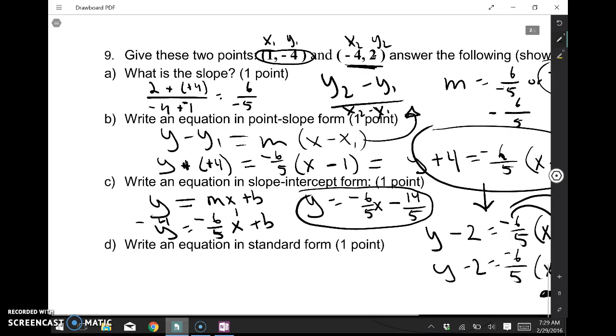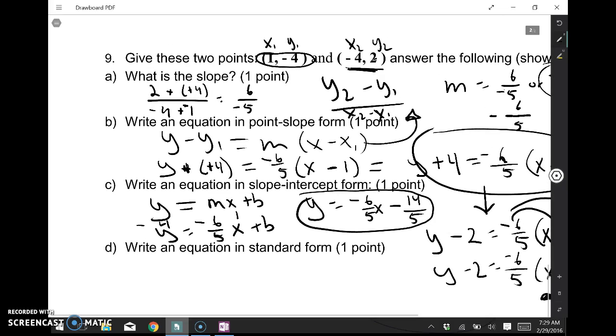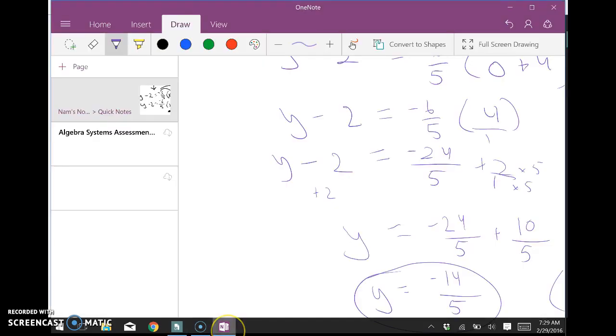Okay, standard form. So standard form, that is going to be ax plus by is equal to c, where a has to be positive and it has to be a whole number. Okay, so I'm going to go back to my slope-intercept form. Let's just try that one.